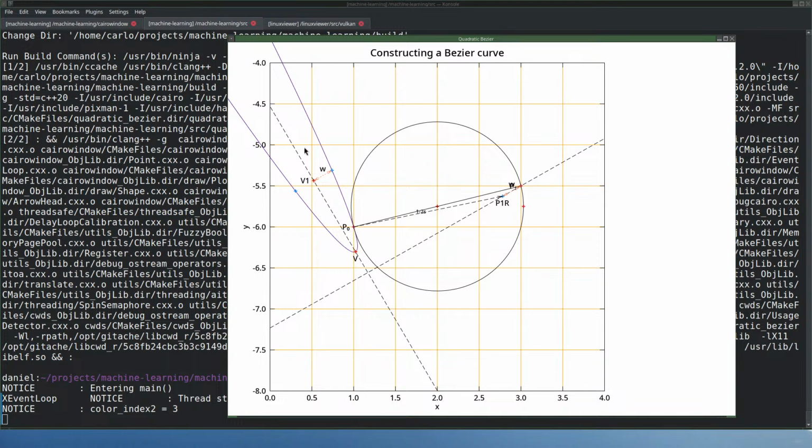P0 now on this side. I want it to be like that. Where's the actual P1? Oh wait, I know that. The actual P1. So if this is W, then if you go from P0 the distance W to that side, and then up, the actual P1 is like there.